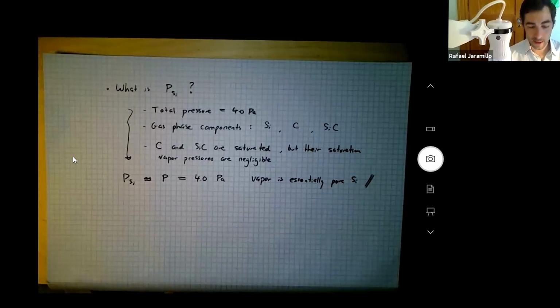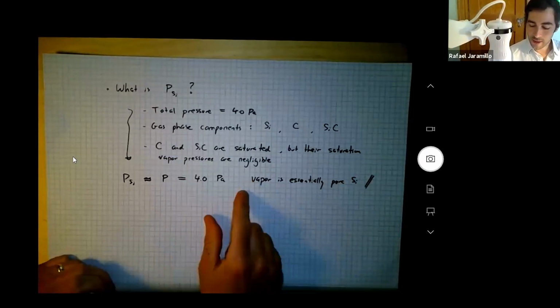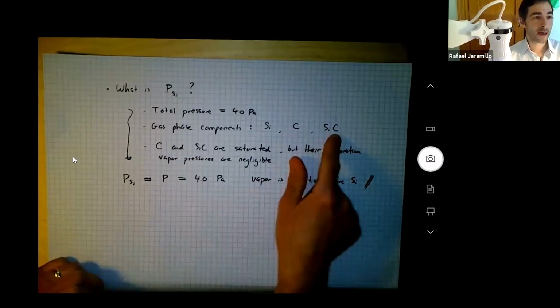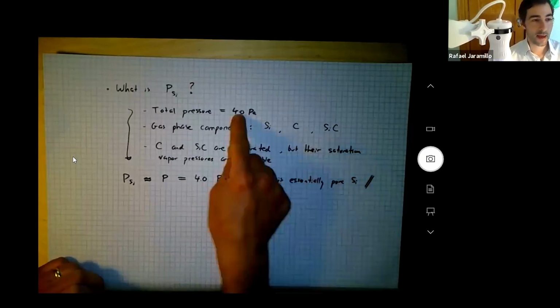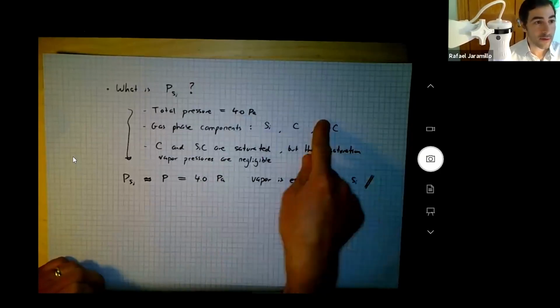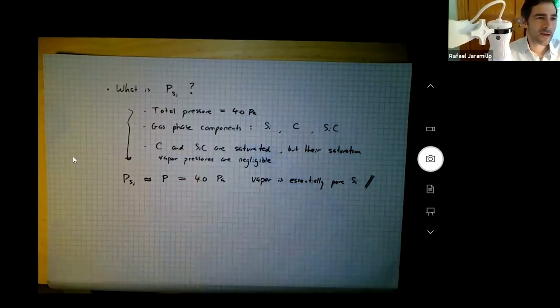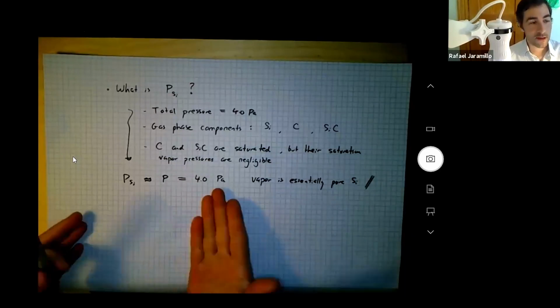The second is a more pragmatic thing. You have all these things in the gas phase, but I know that the pressure of carbon and silicon carbide is really small, unmeasurable on my gauge. Definitely not making a contribution to that 4.0 pascals, maybe at the 6th decimal point, but who cares. My gauge only has 2 digits of precision anyway. So I can infer that that pressure is totally silicon.